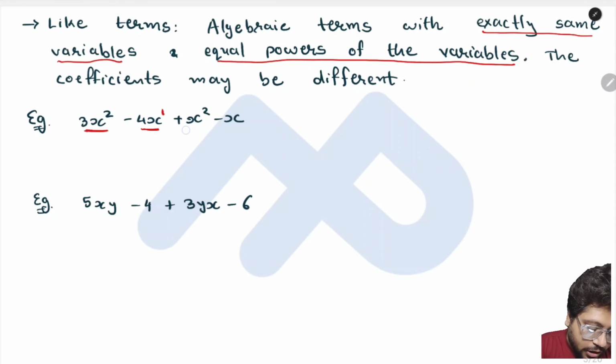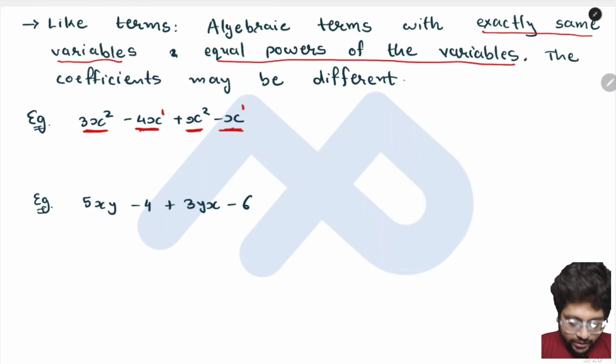But if you see the third term, it has x only, so same variable, as well as the power is also 2, which is exactly same as the first term. So this is why this 3x square and this x square are considered as like terms. Similarly, this minus 4x, which is the second term, and this minus x, both have the same variable x as well as same power, x to the power 1.